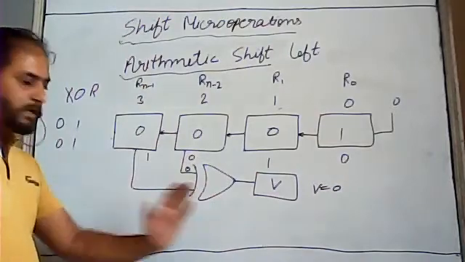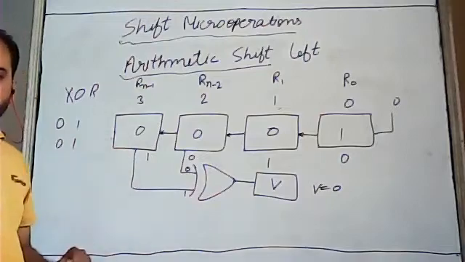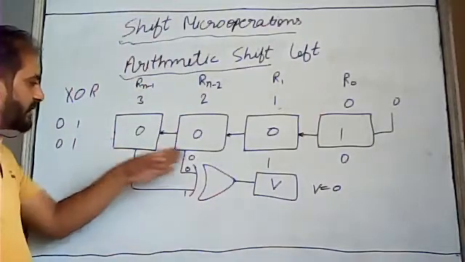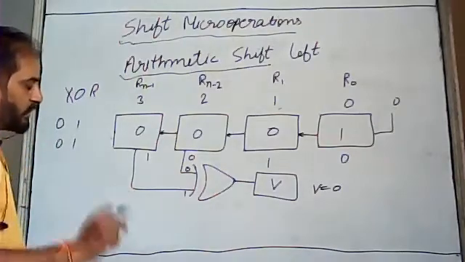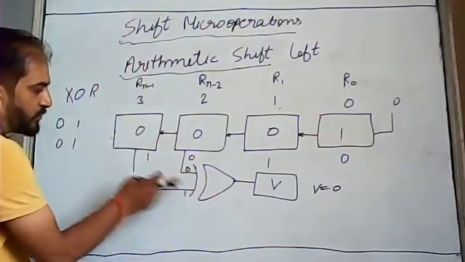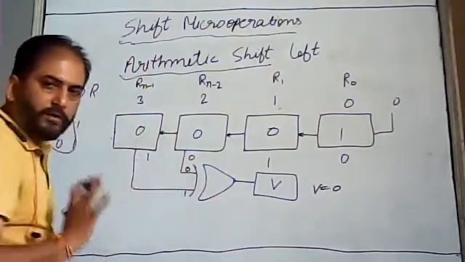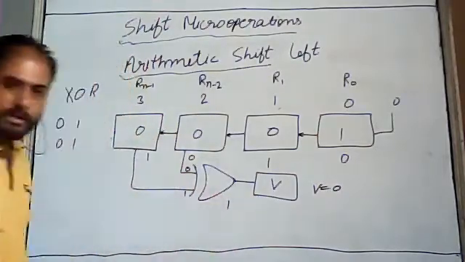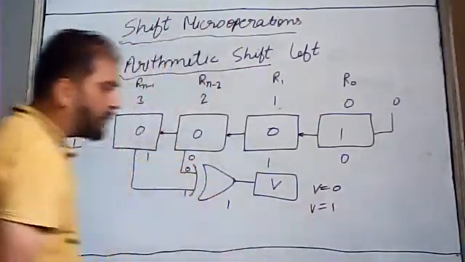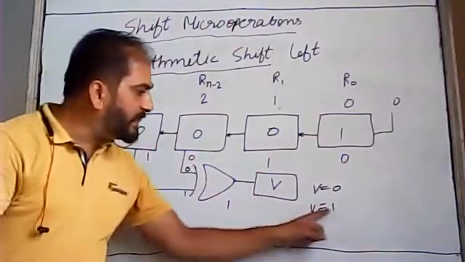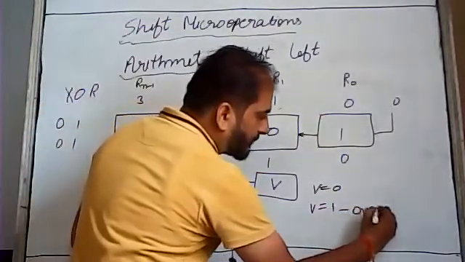When we perform left shift and the last bit becomes 0, a negative number is changed to a positive number. So if you give the XOR gate the input 0, 1 or 1, 0, it will give true, 1. If V is equal to 1, this means overflow.